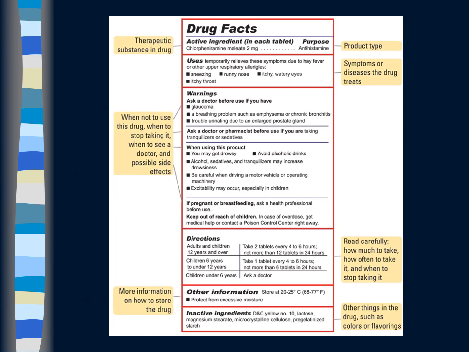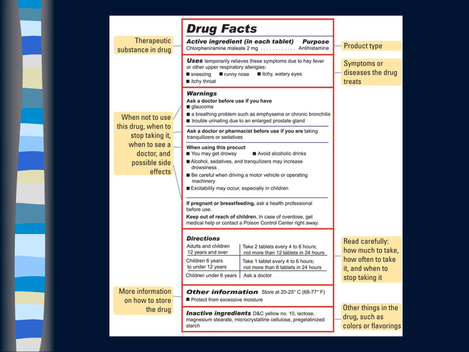A couple years ago, the Food and Drug Administration changed the way that over-the-counter drugs are labeled, and so it actually resembles one of our drug profiles now, and it will have the active ingredient, indications, contraindications, side effects, all of that type of thing, storage, how to store it, that type of thing.